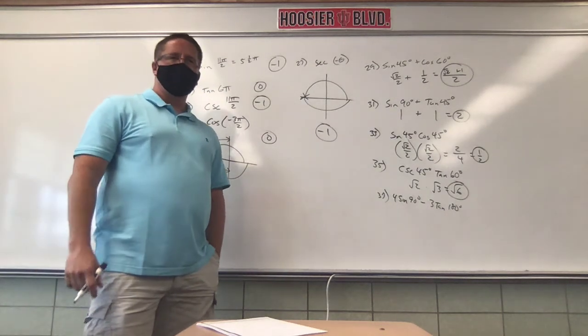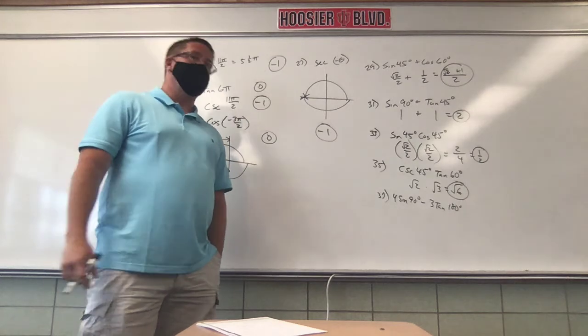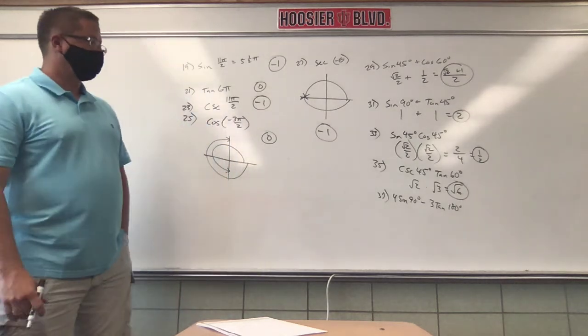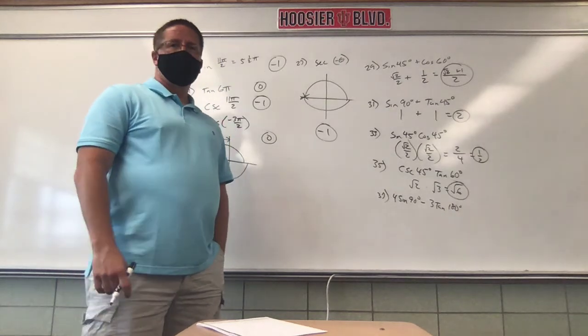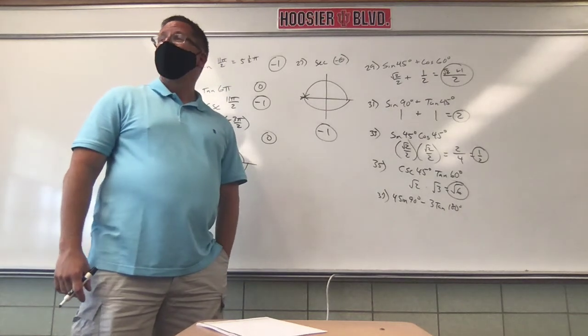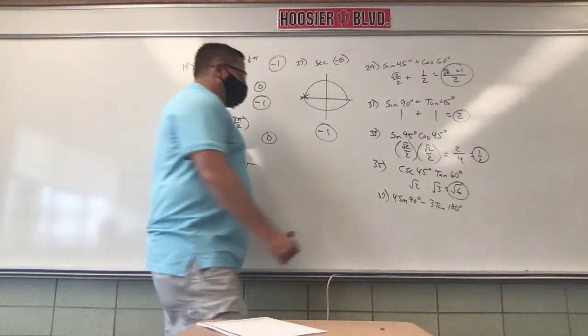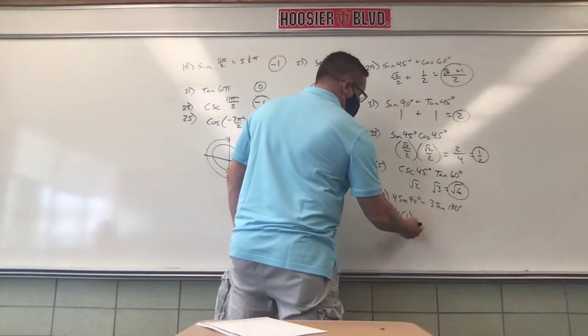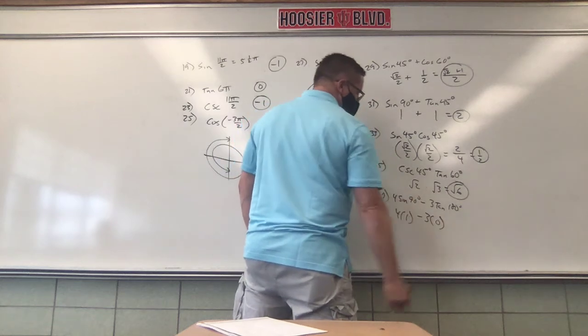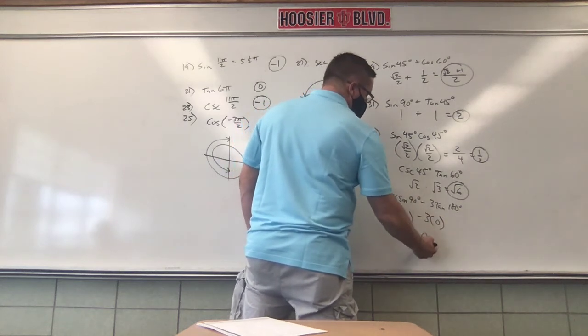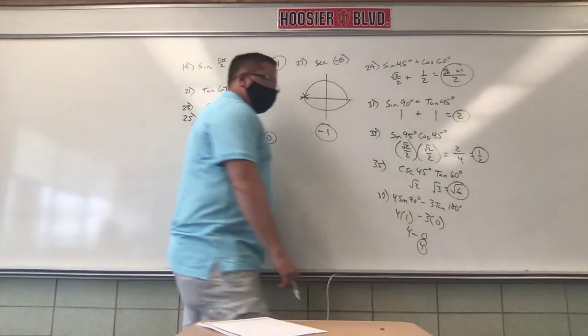You guys know this, but 4 sine means 4 times the sine of 90 minus 3 times the tangent of 180. Any guesses? Should be 4. 4 times the sine of 90 is 1, minus 3 times the tangent of 180 is 0. 4 times 1 is 4, 3 times 0 is 0, 4 minus 0 is 4.